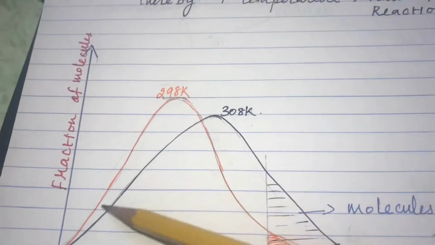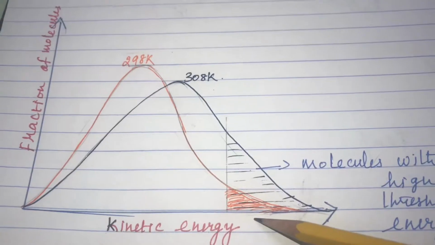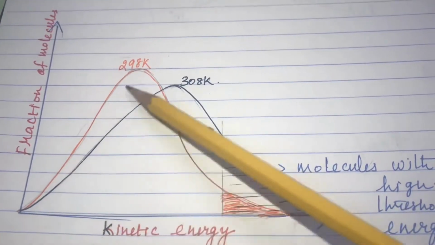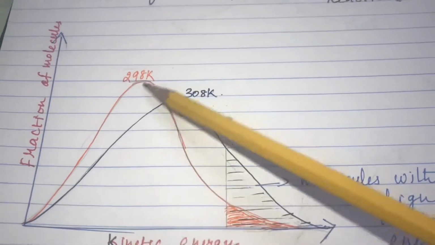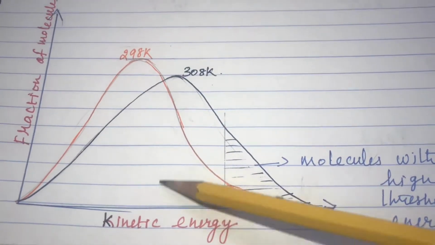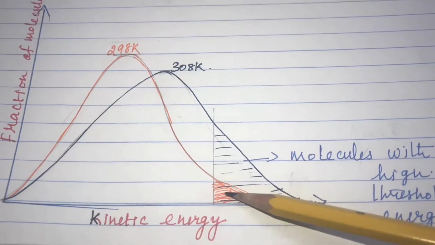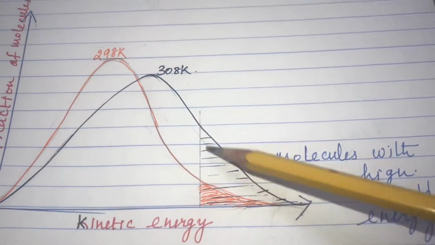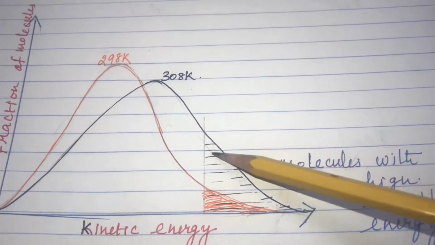Here the y-axis is the fraction of molecules, and here it is the kinetic energy. The first graph is for 298 Kelvin. As the temperature is lower, the number of molecules with more kinetic energy is less. As the temperature increases, the number of molecules with more kinetic energy is more, and the line flattens.